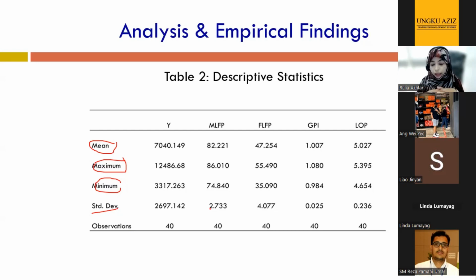Descriptive statistics provide us the measure of central tendency and the measure of dispersion, and also the normality. If the standard deviation is lower than the mean value, it means your model performs well, so make sure you check these things.